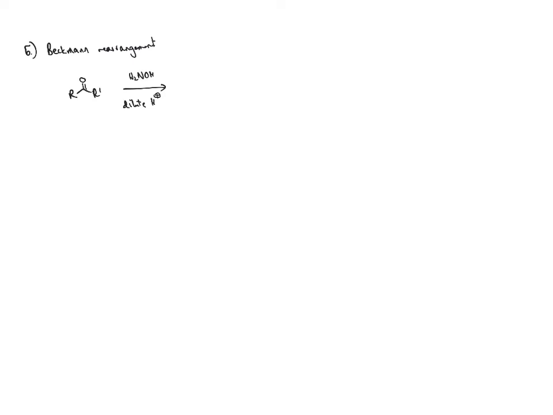And we all know that you can get the oxime in this case. But in the presence of this proton source and heat, you can actually rearrange this product to give you an amide.